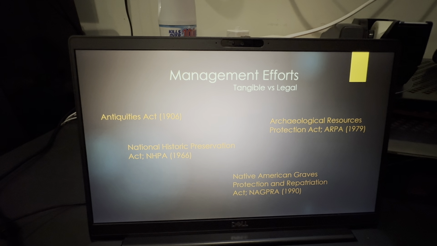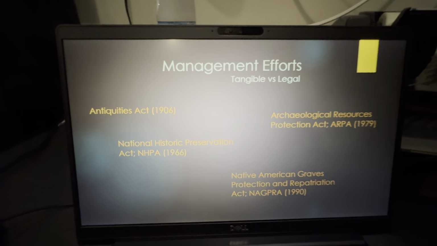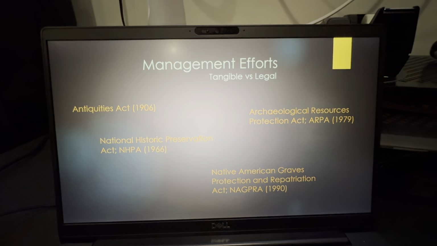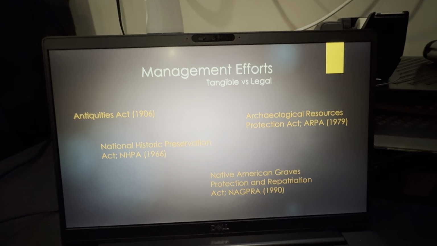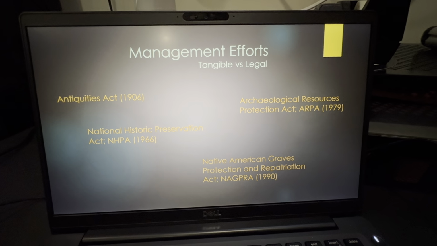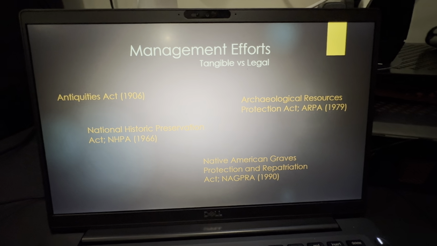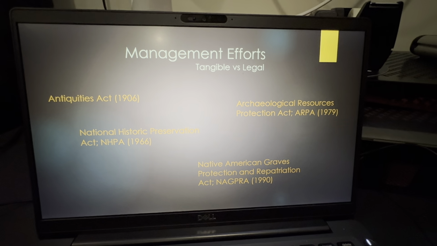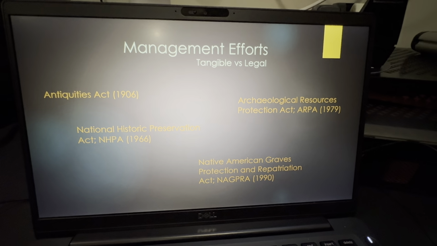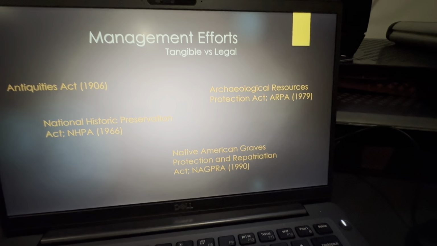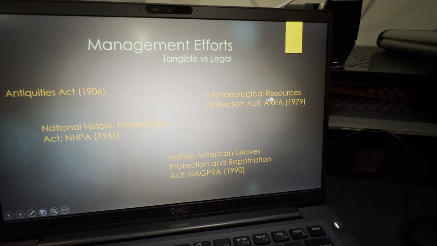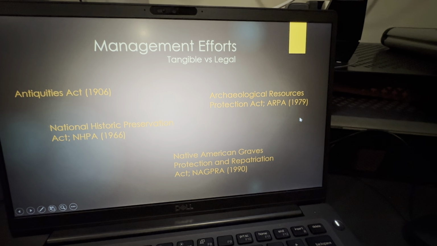It also requires each state to have a state historic preservation officer. So that would be one person in each state that is designated to help preserve archaeological sites and resources in their state. And then we have the Archaeological Resources Protection Act.